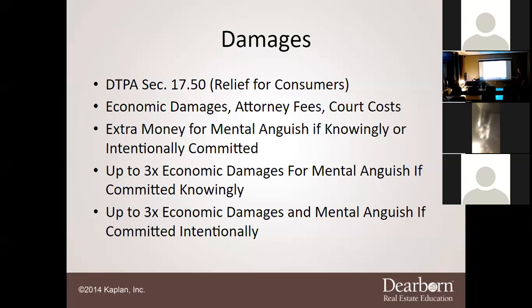And so now, Mr. Grossman, he can end up, look at number 3, up to 3 times economic damages for the mental anguish if committed knowingly. You see that? So Mr. Grossman, by just walking out on his client, he can be sued for 3 times whatever damages.